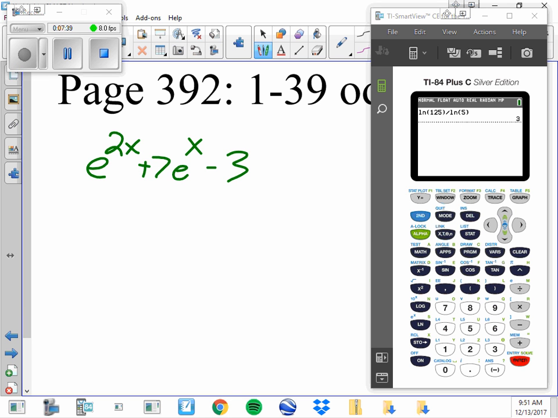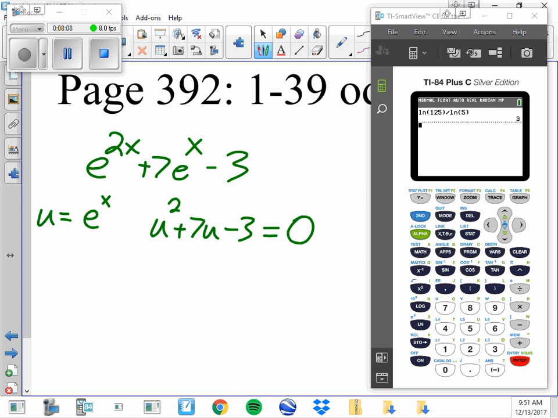Okay, U substitution. U is equal to e to the x. Right? So we end up with u squared plus 7u minus 3 equals 0. Does this factor? No. Ooh. So what do we do? The quadratic formula.